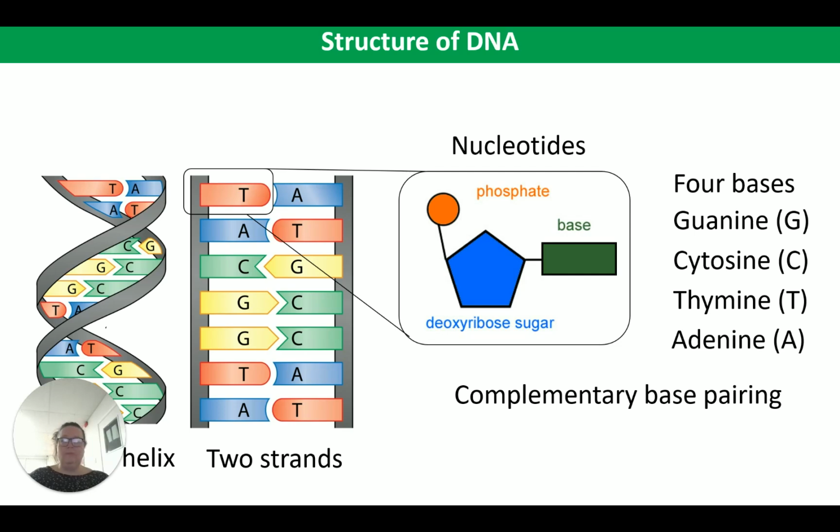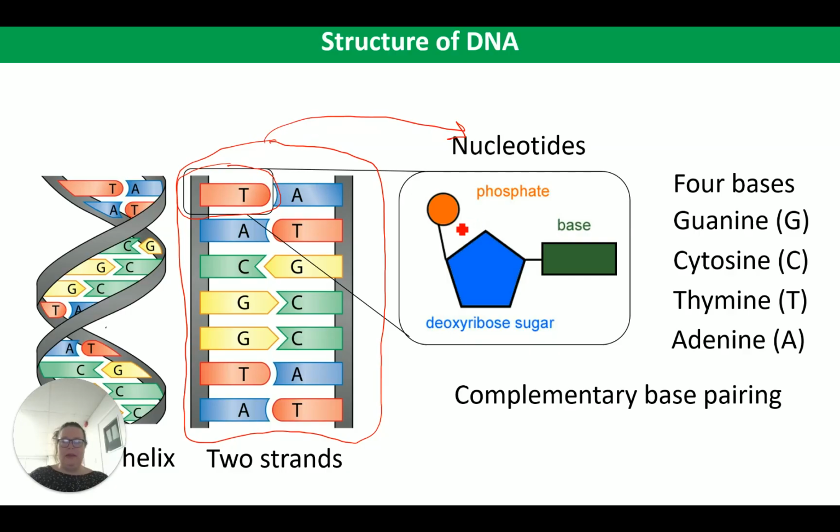So if we look here in the middle at our ladder here, this is a piece of DNA. And then if we take this small piece here from the rung of the ladder and enlarge it, we can see our repeating units called nucleotides.